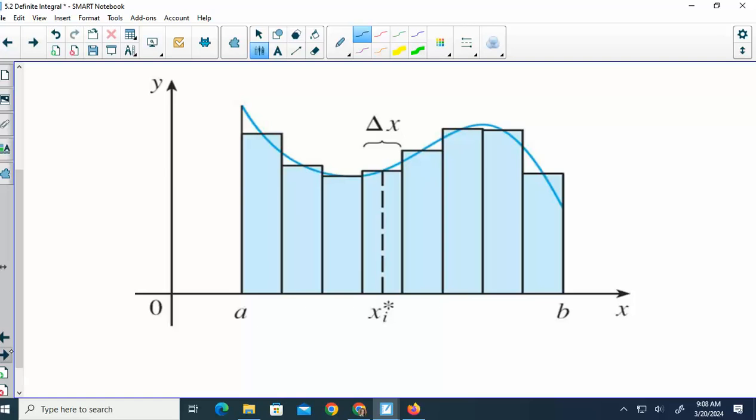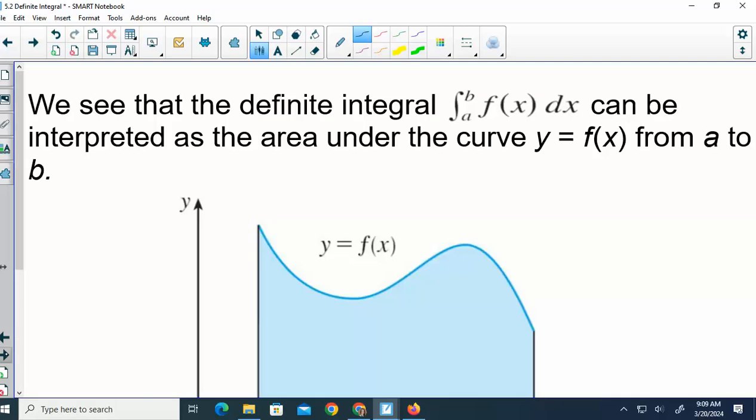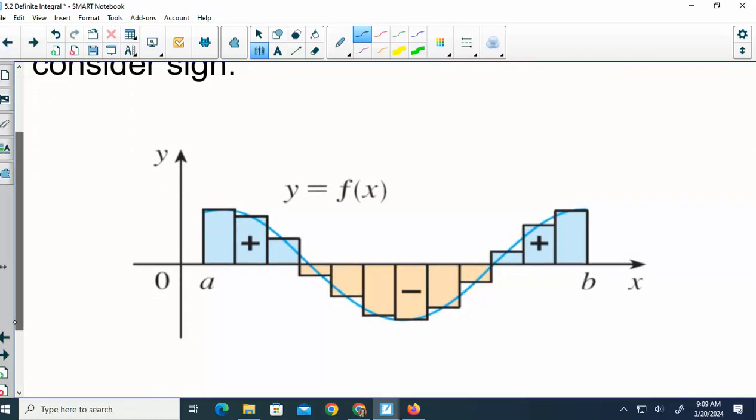Now, we've been looking at curves that were all above the x-axis, but is it possible for things to drop below the x-axis? So what do you think that would do to their area? So typically, anything below the x-axis is considered a negative area. So above is positive, below is negative.